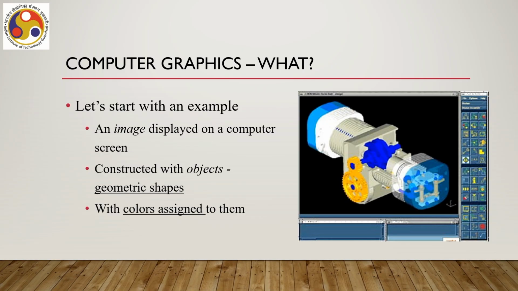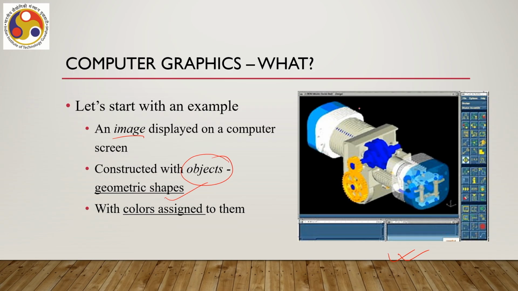In order to understand that, let us start with an example shown here on this screen. As you can see here, there is an object shown on an interface. Interface is what you get to see on a computer screen. So, this is nothing but an image displayed on the screen. It is constructed with objects which are of geometric shapes.